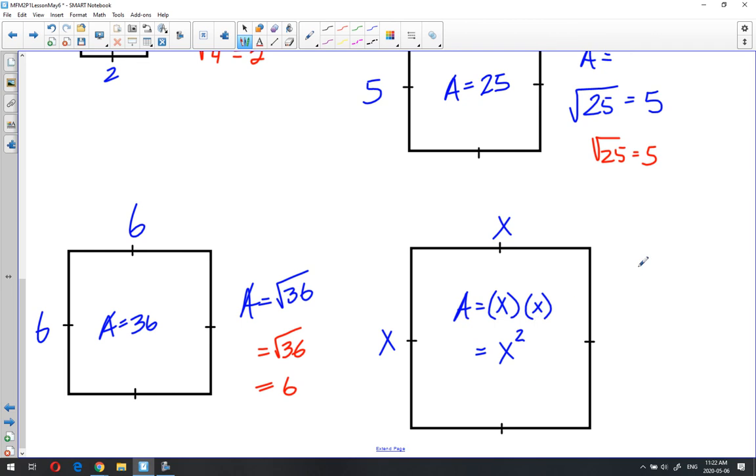And x squared is a perfect square because the square root of x squared is x. So these numbers are perfect squares.